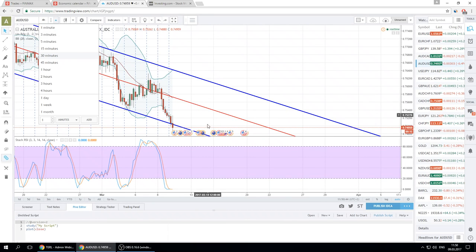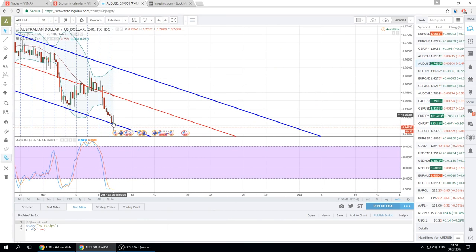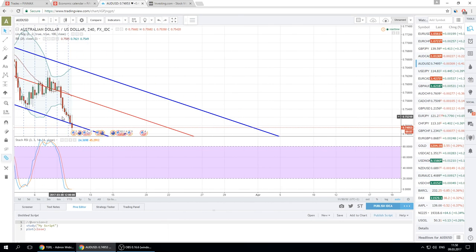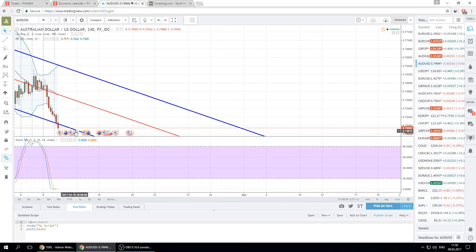Let's switch to a longer time frame. I opened the trade when the situation was much more suitable. As it's going to expire within 4 hours, this candle will be closed in 8 minutes. So the next will appear and I will know what to do.